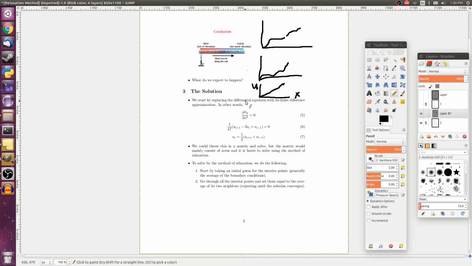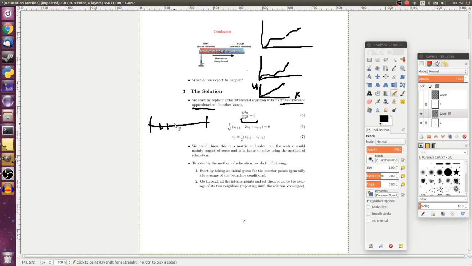Now, how are we going to do this? Well, we're going to use that finite difference approximation we talked about earlier. So we start off with the Laplace equation in one dimension, and then we substitute our finite difference approximation. Now, these subscripts right here mean we're going to chop our rod up into different pieces like this.